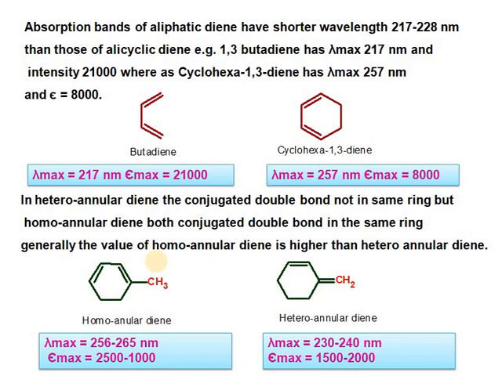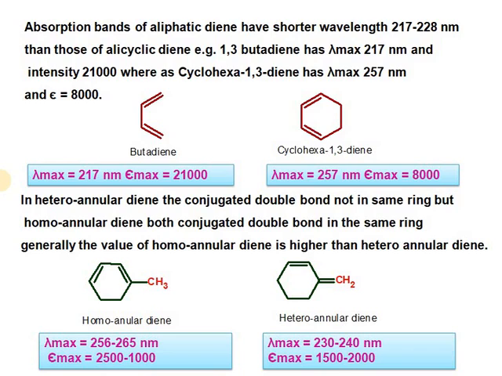Now we have seen these other examples for the absorption of aliphatic dienes. They show a shorter wavelength. Aliphatic dienes are about 270 to 228 nanometers. For alicyclic dienes, for example 1,3-butadiene has a lambda max value of 270 nanometers and an intensity of 21,000.